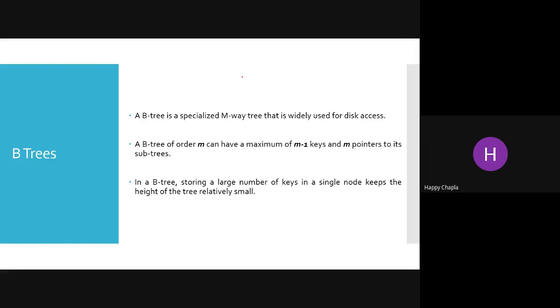Now a B tree of order m can have a maximum of m minus 1 keys and m pointers to its subtrees.